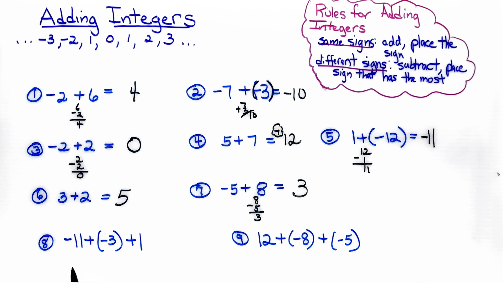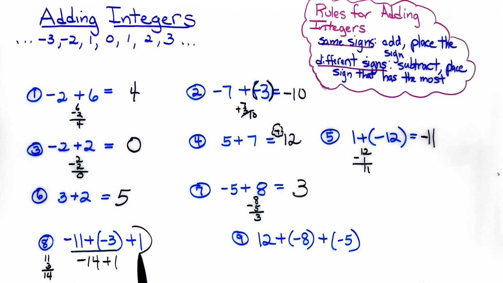When we're looking at number 8, we have 3 numbers. Well, remember, order of operations, we're going to do it from left to right. So I am going to take care of this, and then I will do the last part. So a -11 plus a -3, they're both negative. So this is me thinking about it. I'm adding those. So I end up with 14. And since they're both negative, it's a -14 plus 1.